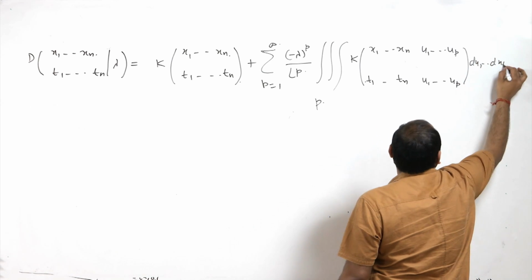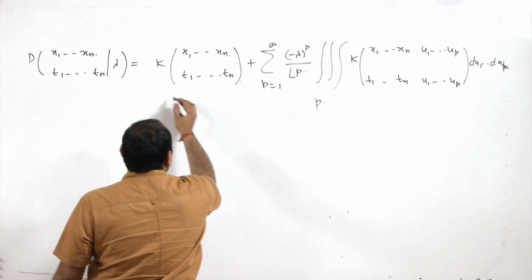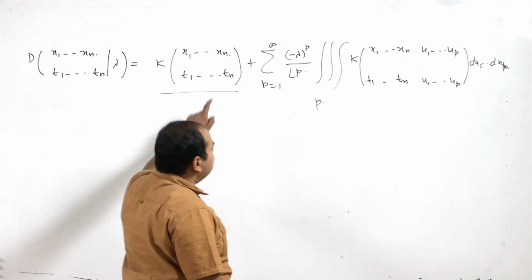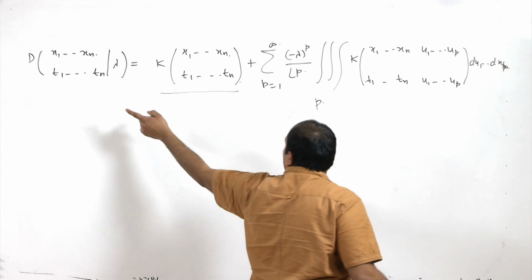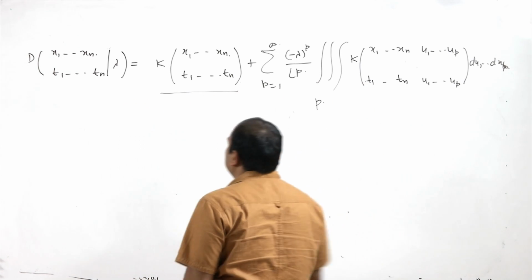I hope we already know this symbol, right? So using this symbol we can say that your D(x, y) is written like this.